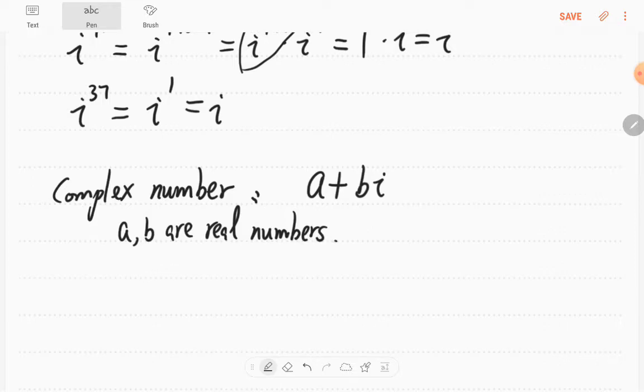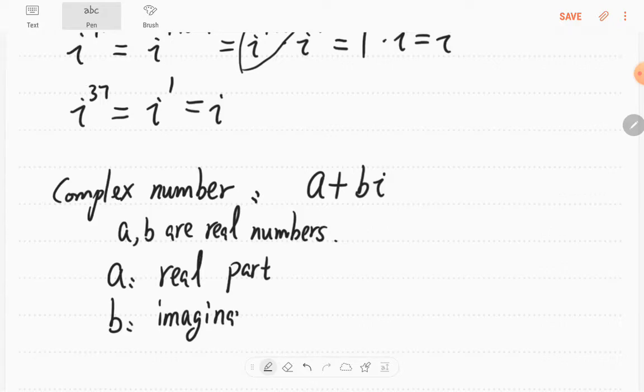A is called the real part of this number, and B multiplied by I, B is called the imaginary part. You cannot combine the real part A and the imaginary part B. You just keep them separate. You can treat I as a number.